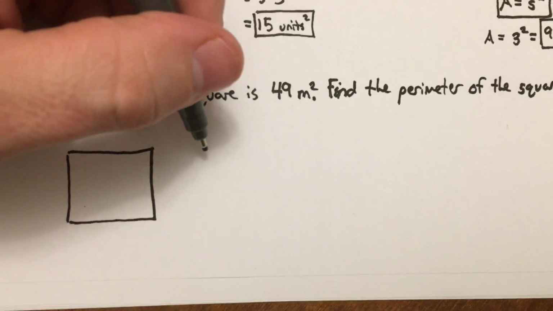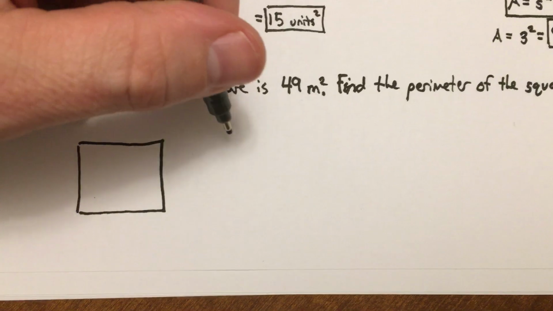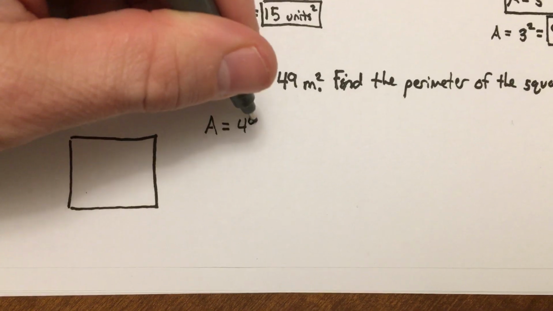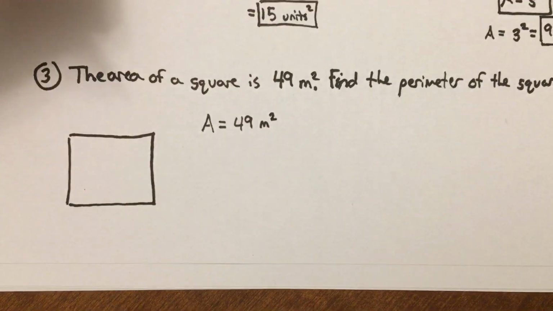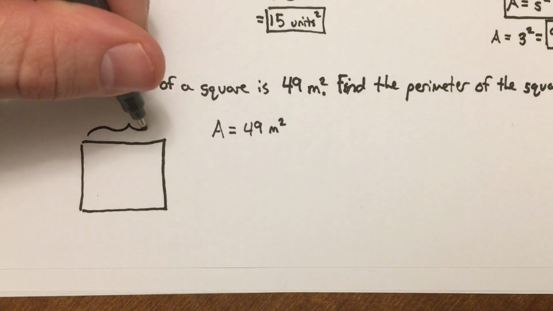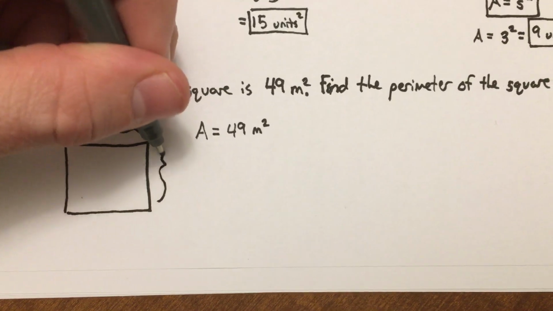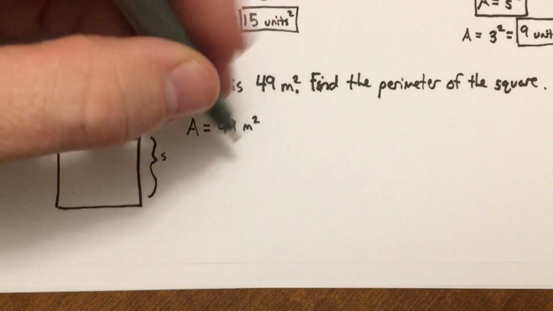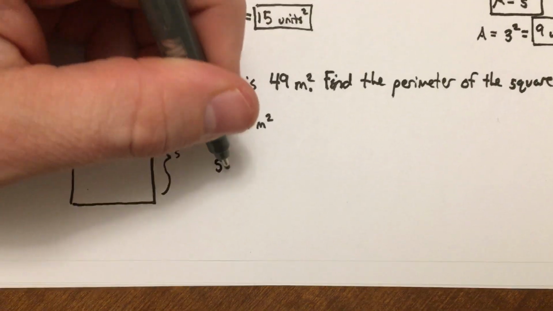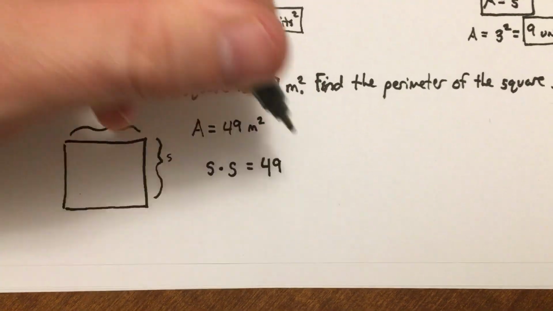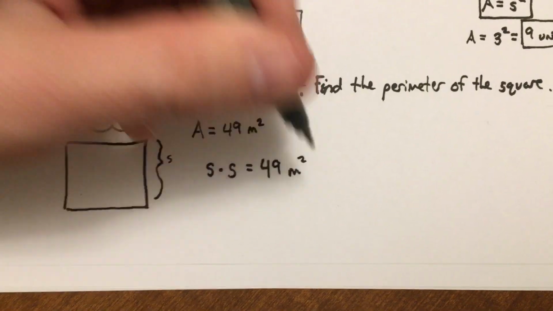So here we're told that the area is equal to 49 square meters. So what this means is that whatever the side length is of our square, that means that s times s would have to equal 49 square meters.